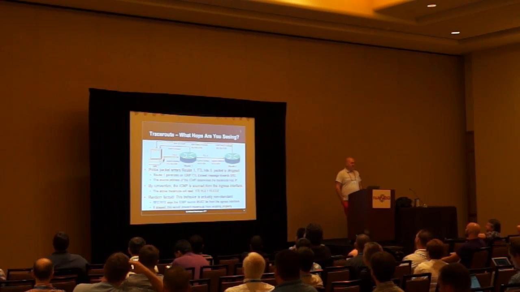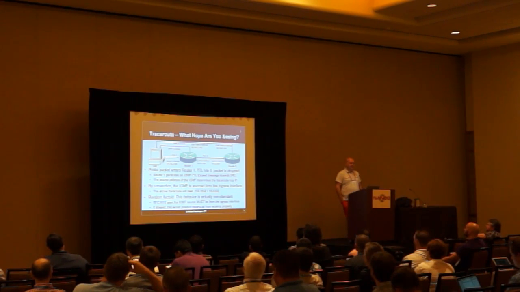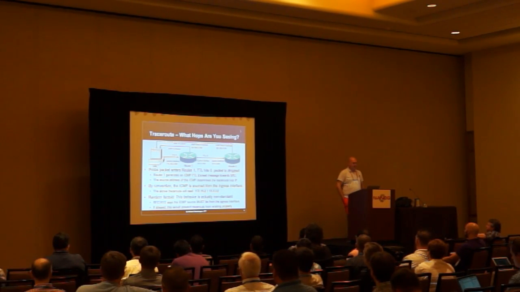If you look at Traceroute and you want to know what you are actually seeing, what hops, what interface IP addresses, Traceroute will always return the ICMP packet sourced from the ingress interface. In this example, the probe packet comes into router 1, which has an ingress interface with a /30 on it, 172.168.2.1/30.